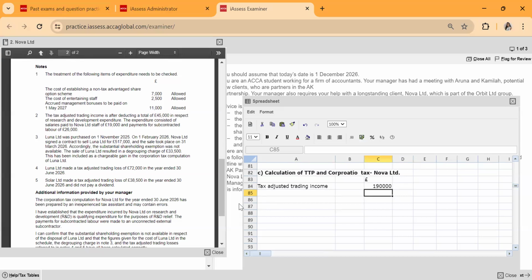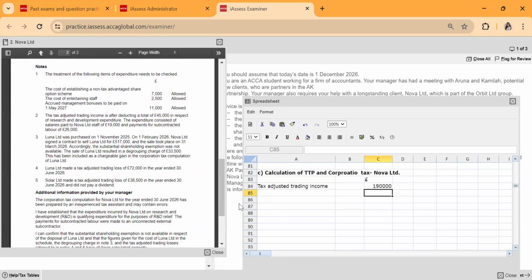So the cost of establishing the scheme. What do you think, Madhva? Let's have inputs. Is it allowed or disallowed? Should we keep it like this? Because it is allowed in the calculation of 190,000. Allowed means it has been reduced. Is it correct or should we add back?